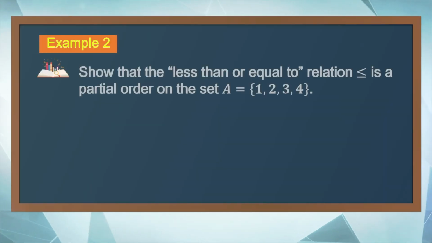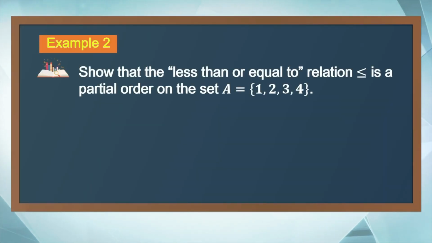Another example, example 2. Show that the less than or equal to relation is a partial order on the set A. A is the set with the 4 elements 1, 2, 3, 4. It is easy to see that the less than or equal to relation is reflexive, antisymmetric, and transitive. It is a partial order on the set A.